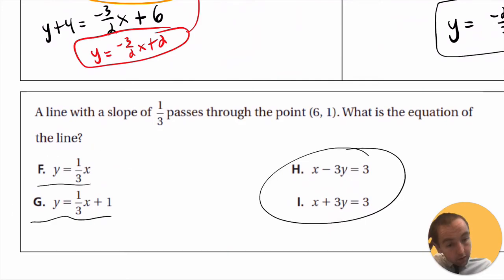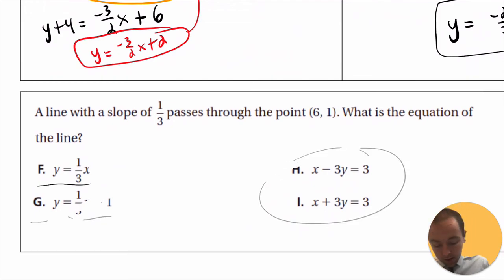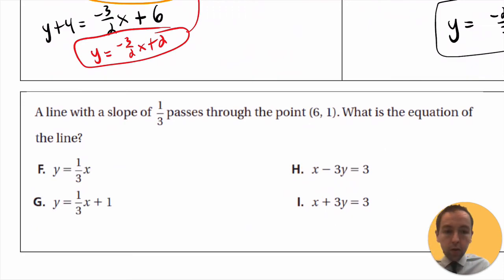Now these ones don't seem to have anything to do with 1/3, but they're not solved for y, right? To know the slope explicitly, you'd have to solve the equation for y and look at the coefficient of x. So since you are given the slope and a point on the line, one way you could tackle this sort of problem is to write this in point-slope form, since you know it's a line. So you could write y minus y1 equals m times x minus x1, and then just do a little bit of solving with that.